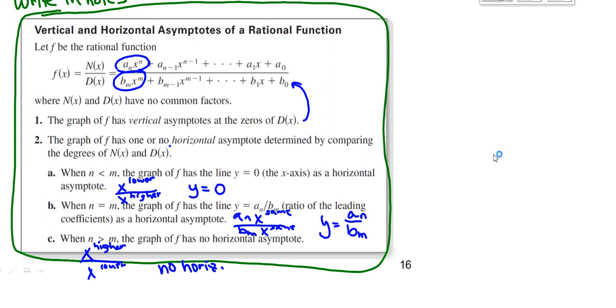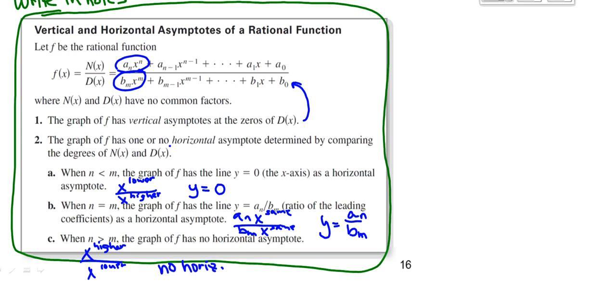And then number 2 is the graph of f has 1 or no horizontal asymptotes, determined by comparing the degrees of the top and the bottom. So I'll read what it says in print, and then I'll read my blue writing to justify how I think of it in my head. When n is less than m, and just a note to self, it's a little hard to see up here, but n is the degree of the top and m is the degree of the bottom polynomial functions, the graph of f has the line y equals 0, the x-axis, as a horizontal asymptote.